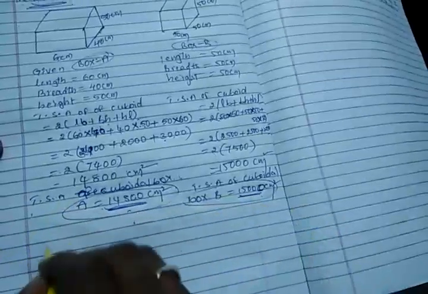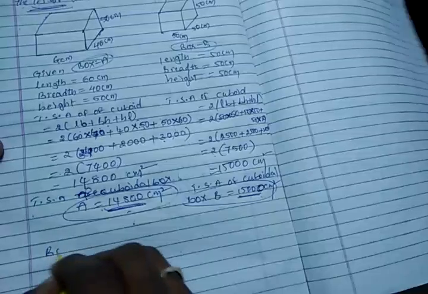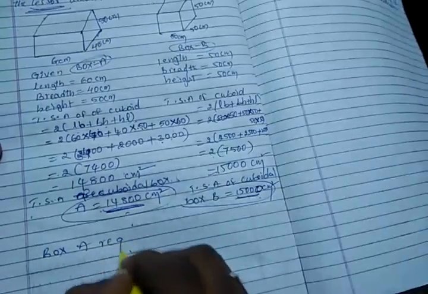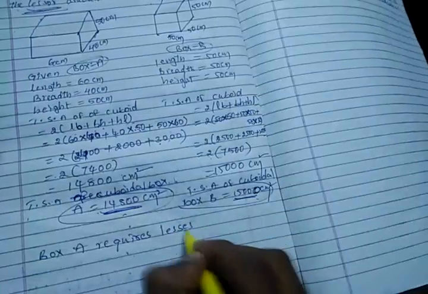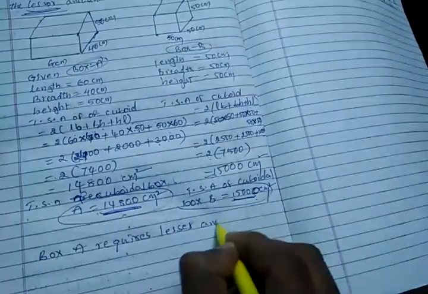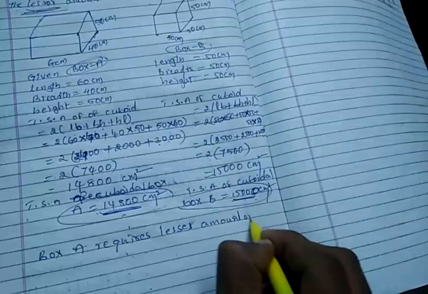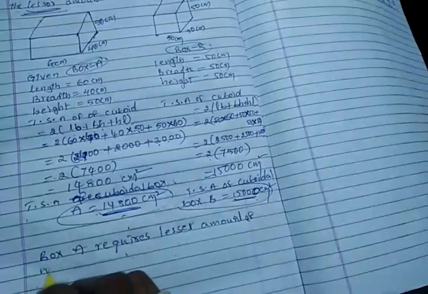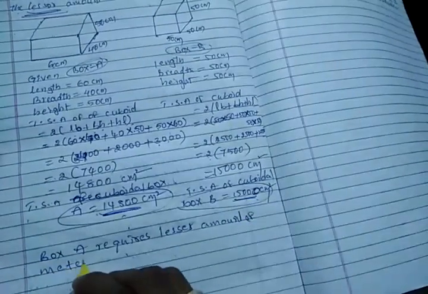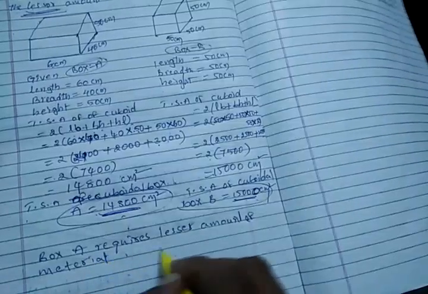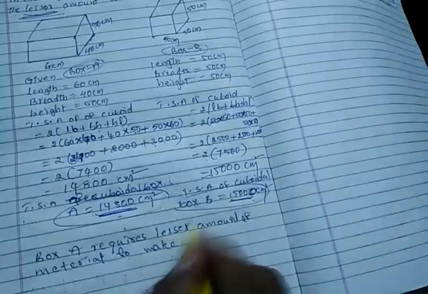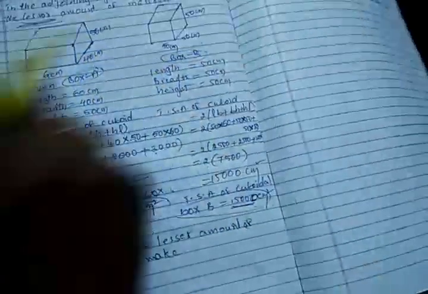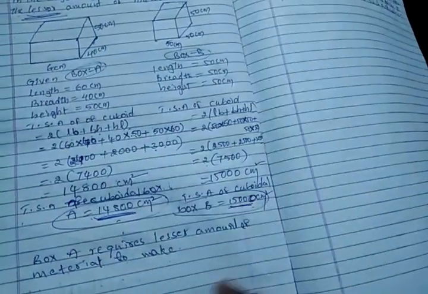So box A. Box A requires a lesser amount of material to make. So we need to make these boxes. Which box requires a lesser amount of material? Box A requires a lesser amount of material.